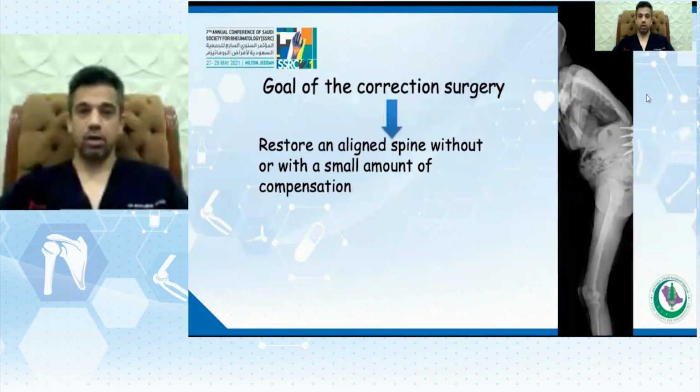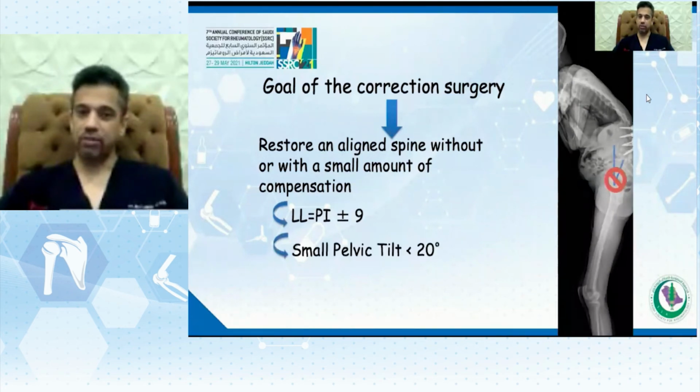When it comes to the spine, correction of the alignment is important, with a target of any correction with the least possible compensation. The lumbar lordosis has to be within the pelvic incidence angle plus or minus 9. We have to have a small pelvic tilt as a sort of compensation, less than 20 degrees.